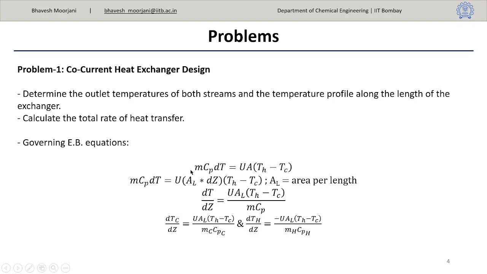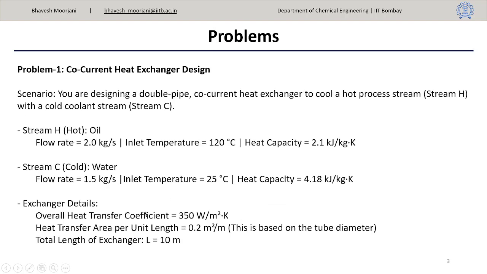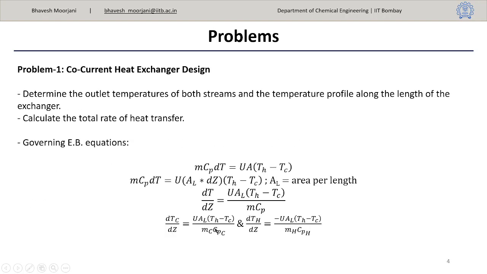So if you do the general energy balance for this heat exchanger, you get the rate of heat transfer, which is UA delta T, equivalent to the heat gain or loss by a stream, right? So if I consider the hot stream, m Cp delta T of the hot stream will be UA into delta T. Since here we had been given the area in terms of heat transfer area per unit length, you can represent that as a L into dz, right?